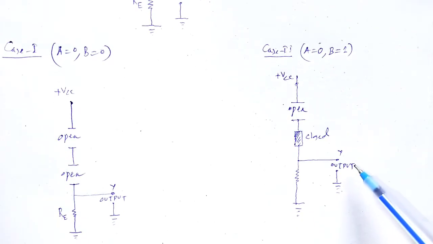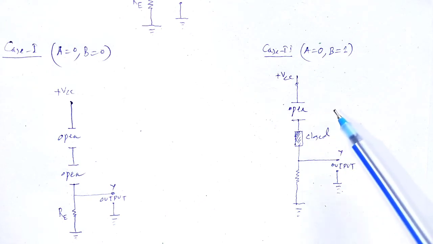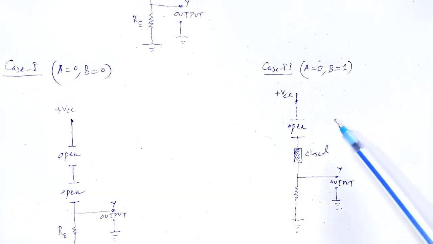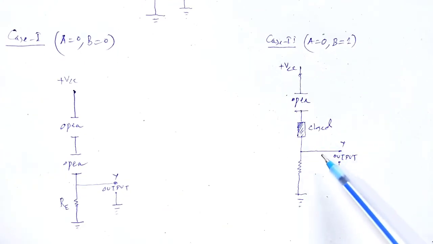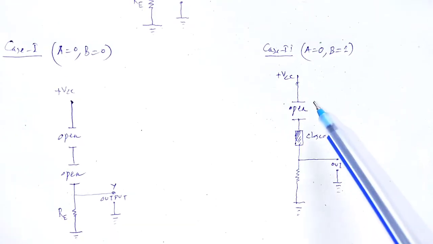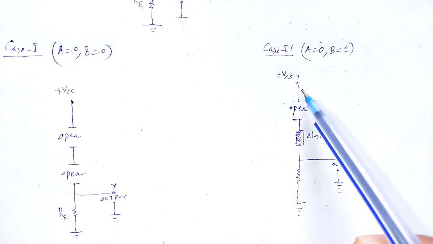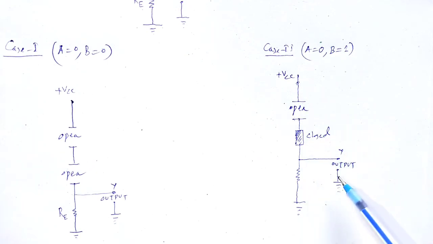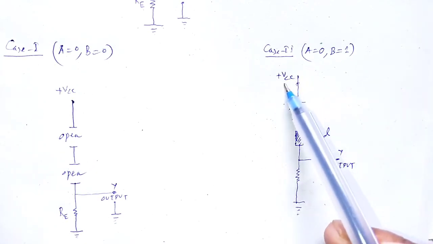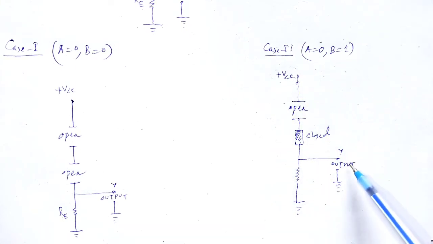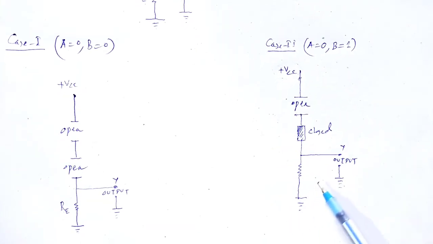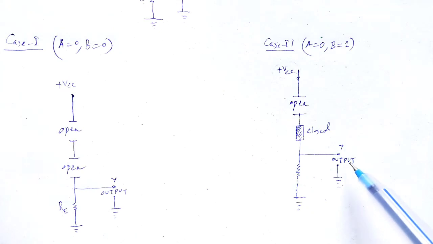Therefore, at output we have 0. That section is not connected to the closed part. Therefore, the VCC value is not found through the output. Therefore, we have low result or 0 at output.